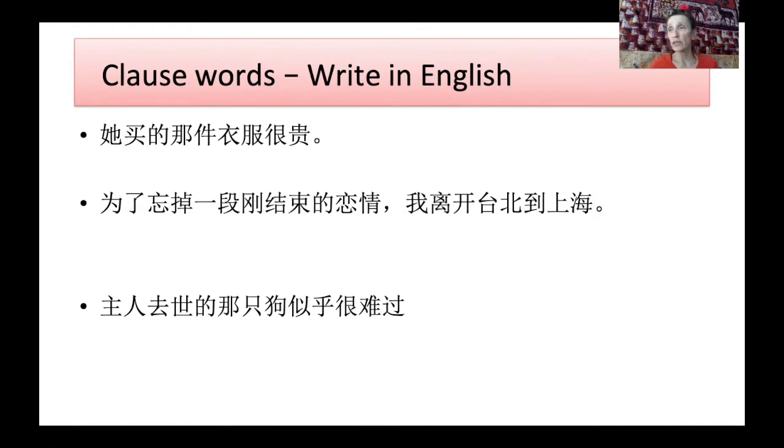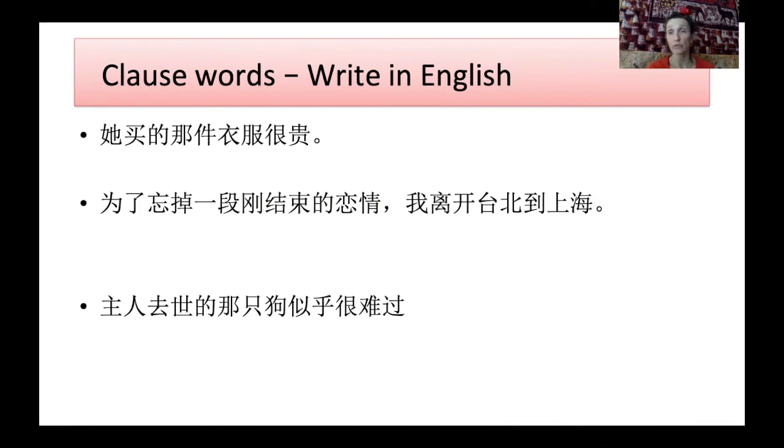Okay, so 这里有一些中文句子 and all the sentences in Chinese have at least 2 ideas. 所有的句子至少有2个注意事项 So what we want you to do is to write these sentences in English. 用英文写句子 造句 using the clause words.